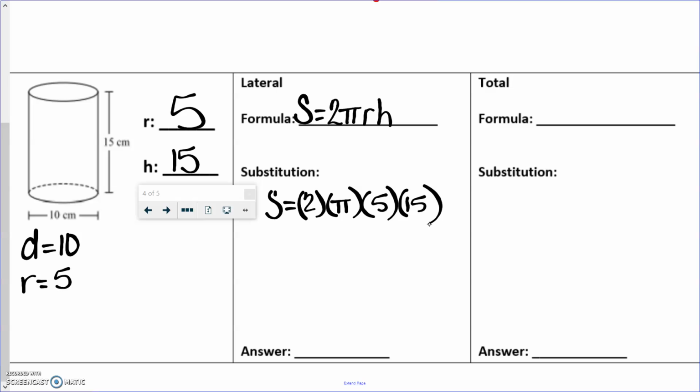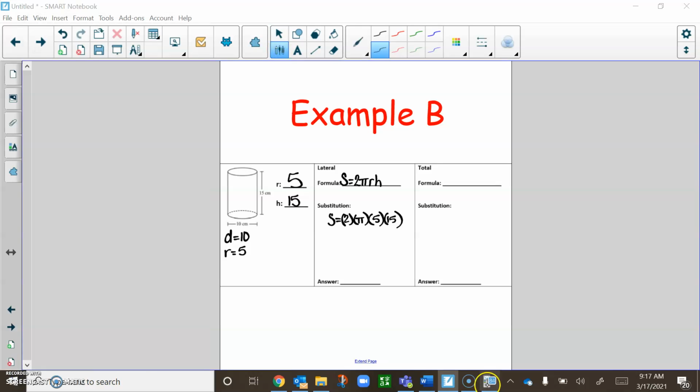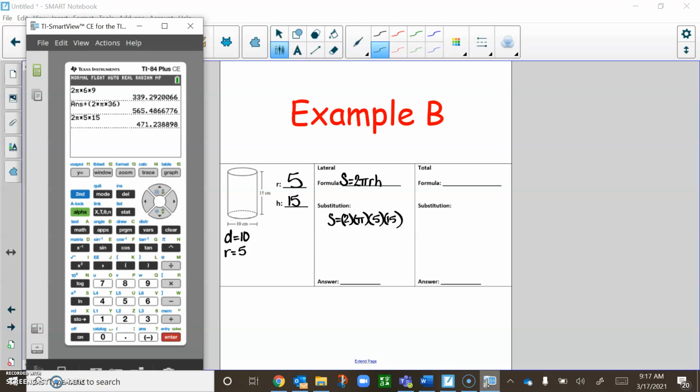Then we're going to put that in our calculator. And so we get 471.238, which will round to 471.24.